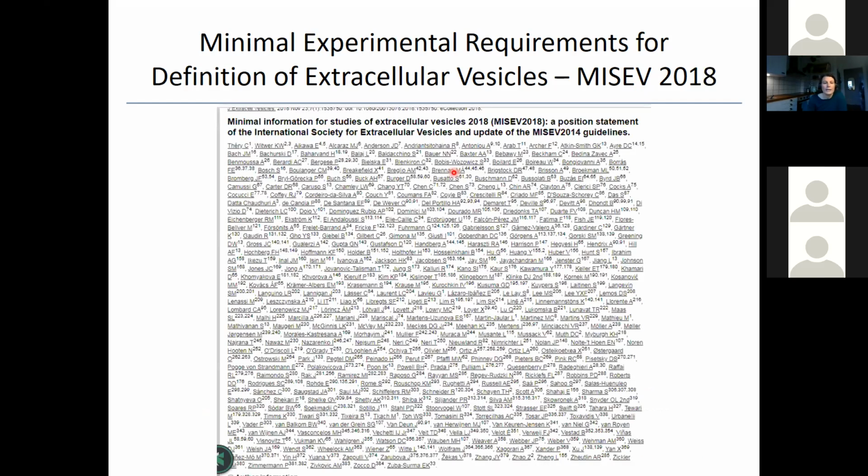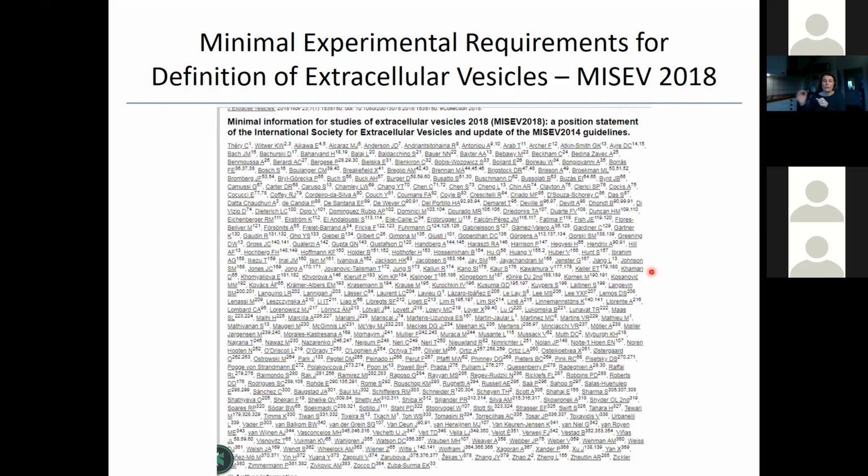But in 2018, an updated version was published, so MISEV 2018, and actually everybody in the field who wanted to contribute was invited to do so. I think this paper has close to 280 authors, and basically a set of questions were asked.